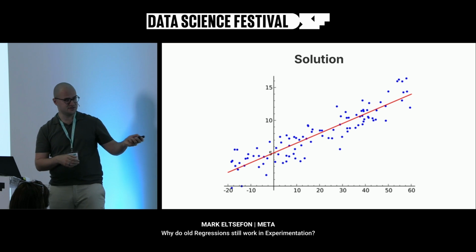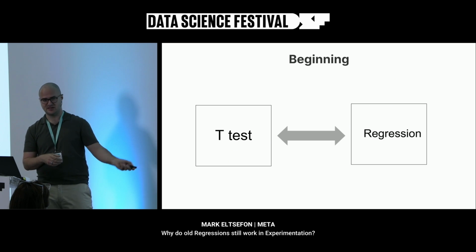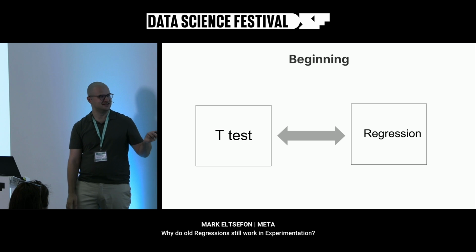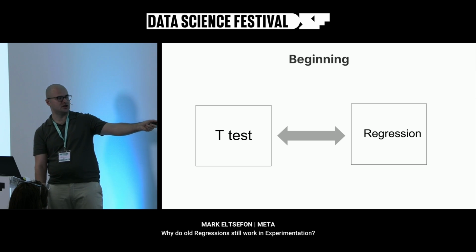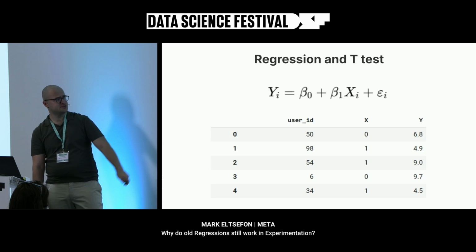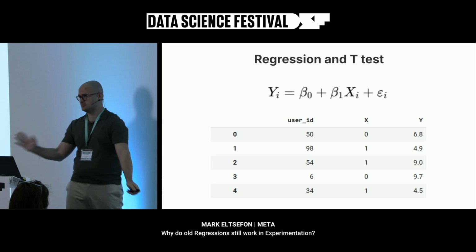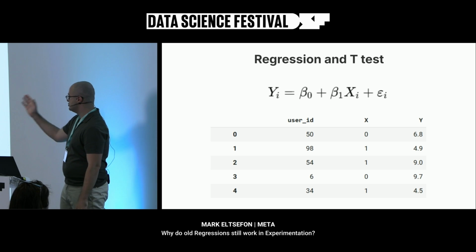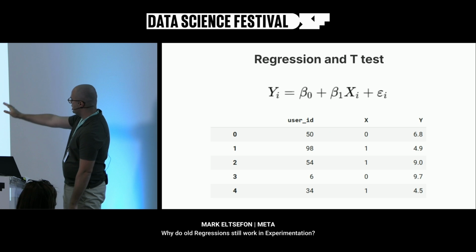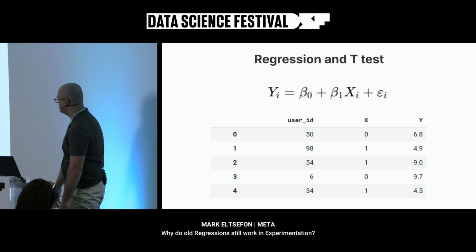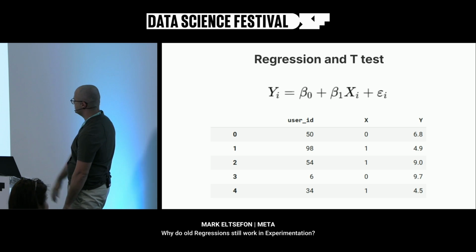And to dive into this, we should start with the t-test, unfortunately. Again, a t-test is just a regression, and I'm going to show you why here. This formula, I believe most of us are familiar with. It's just a linear connection between our outcome y and covariates x with some random noise epsilon.